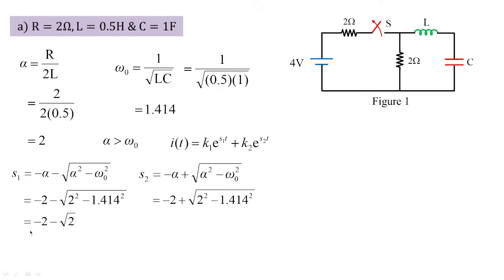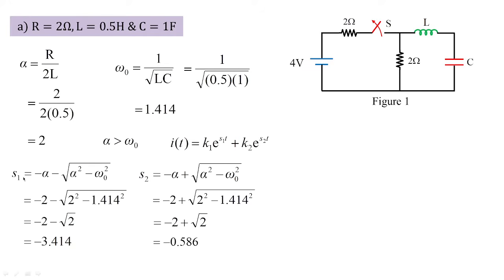So s1 value will be minus 2 minus root 2. S2 value will be minus 2 plus root 2. In fact, s1 is minus 3.414. S2 is minus 0.586.